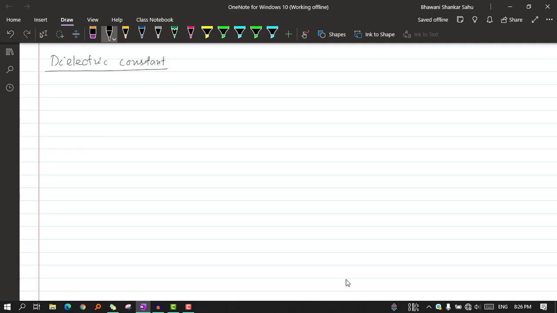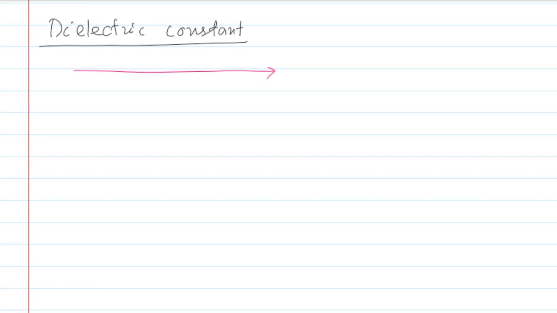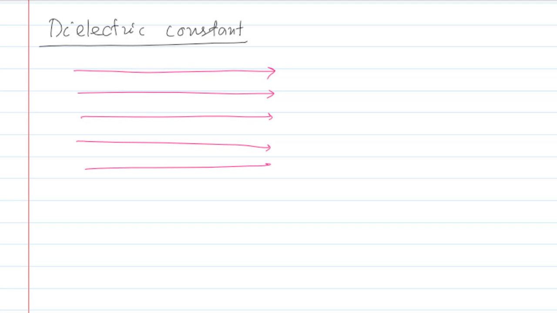In the last class, in the last video, we saw that if we have an electric field, let's say this is an external electric field, and let's say the magnitude of this electric field is E naught. This is my applied electric field.